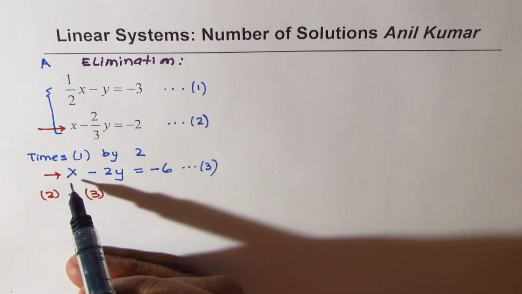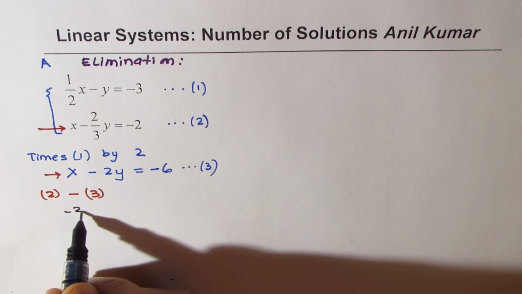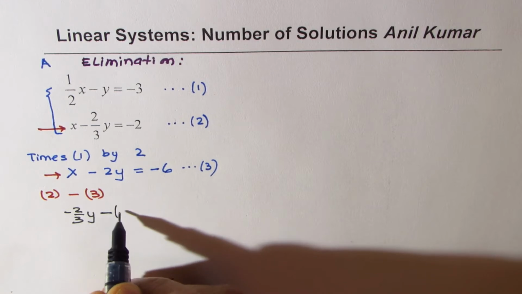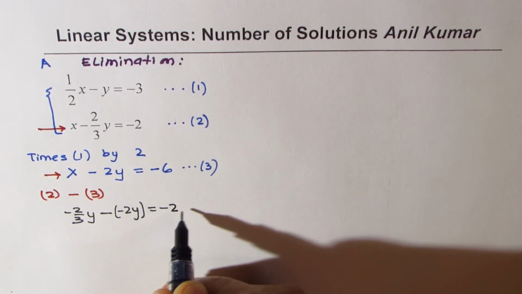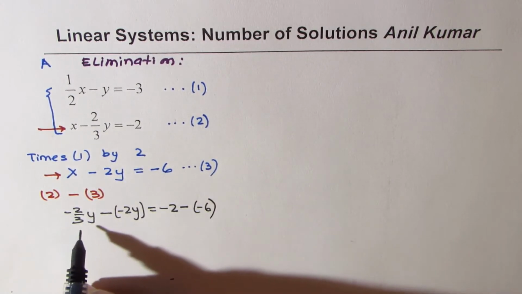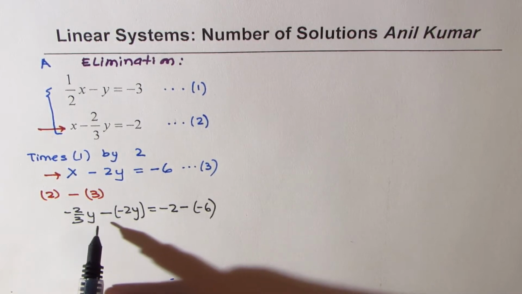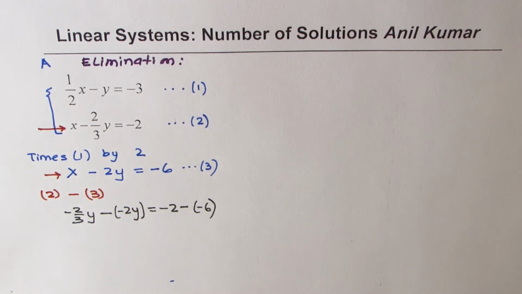So x minus x is 0. And we are left with minus 2 over 3 y minus of minus 2y equals minus 2 minus of minus 6. Correct? Let's take a common denominator of 3 here, or we can just multiply everything by 3. We could do either one of them.